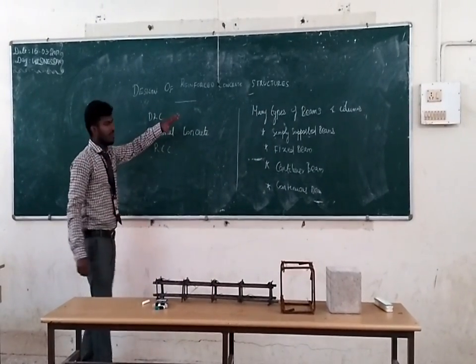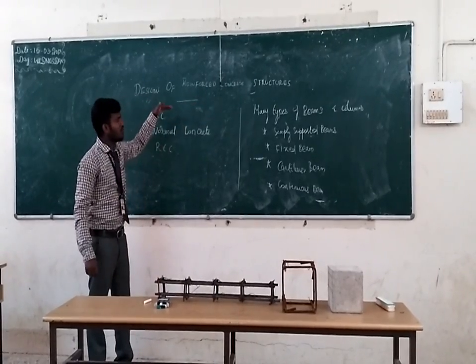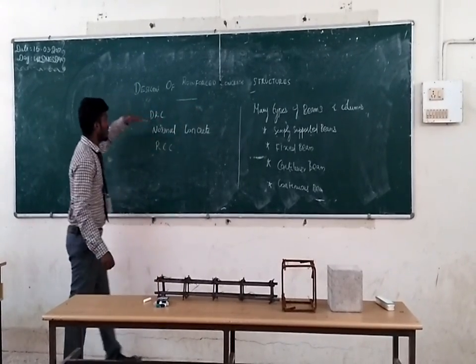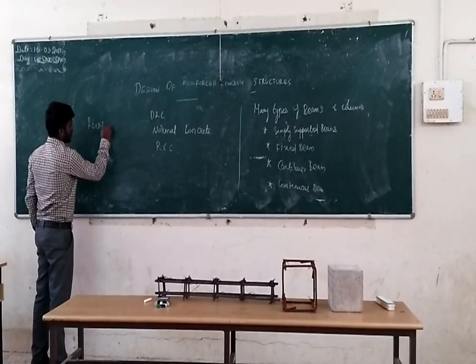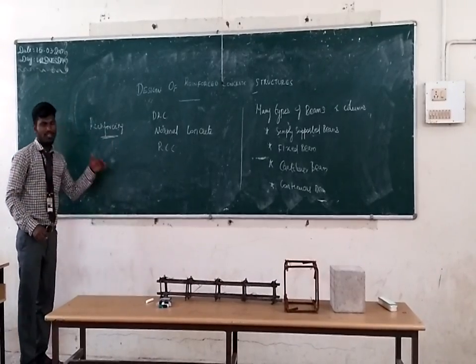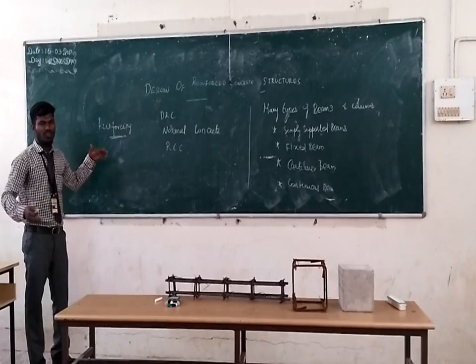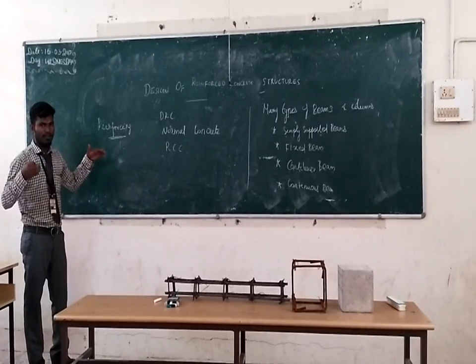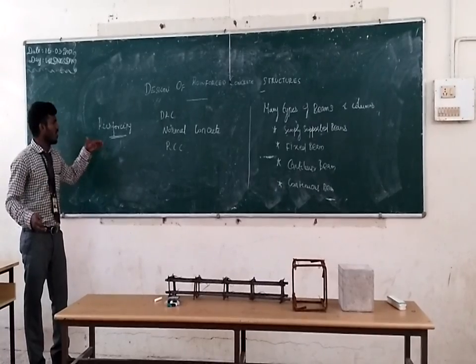So first of all, what is reinforcing? Why do we have to reinforce the concrete? What does reinforcing mean? Reinforcing is a process by which we can improve the strength of a material. So this process is called reinforcing.